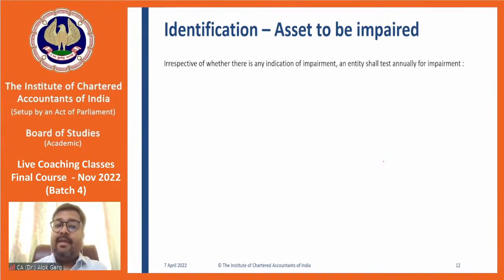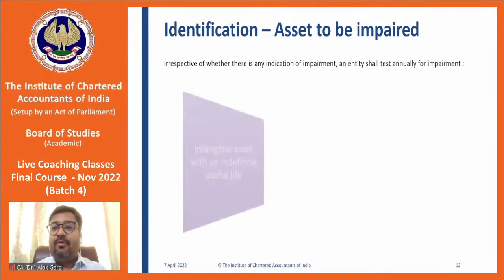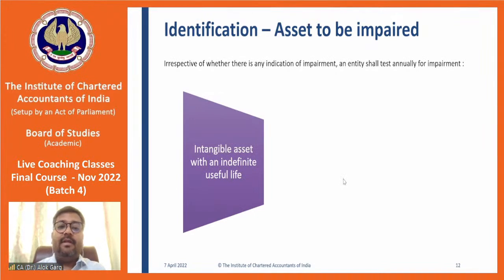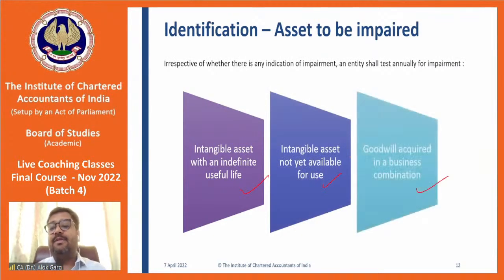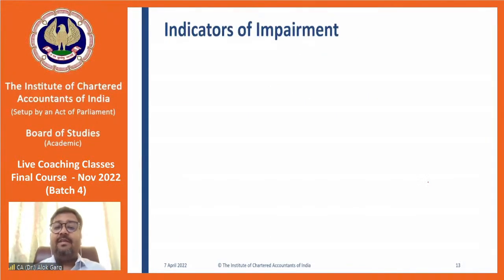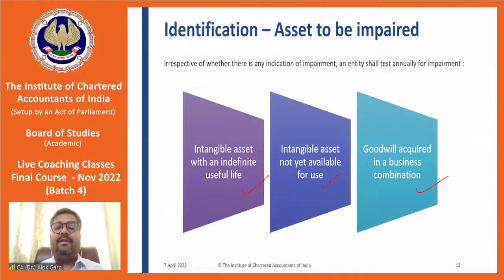But irrespective of whether there is an indication of impairment, an entity shall test annually for these kind of assets for impairment: intangible asset with an indefinite useful life, intangible asset not yet available for use, and goodwill acquired in business combination. On these three assets, impairment testing is mandatory, right? Impairment testing is mandatory. Clear?